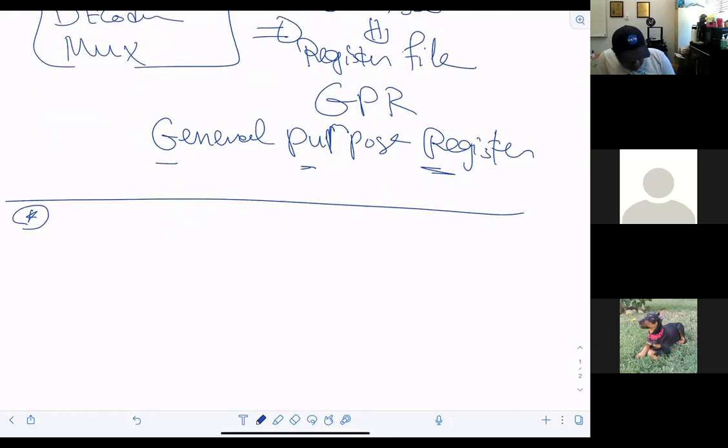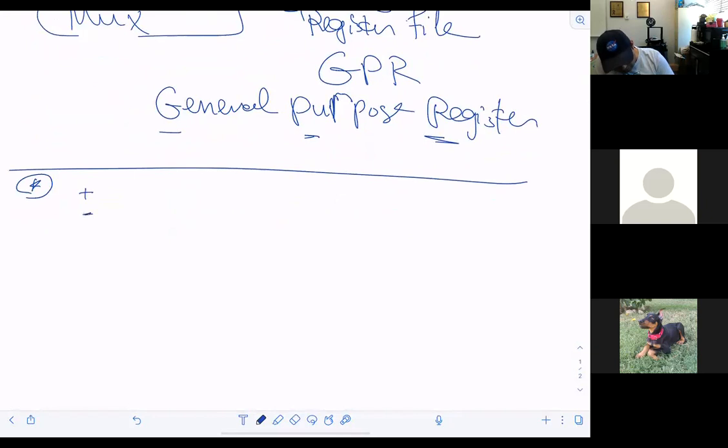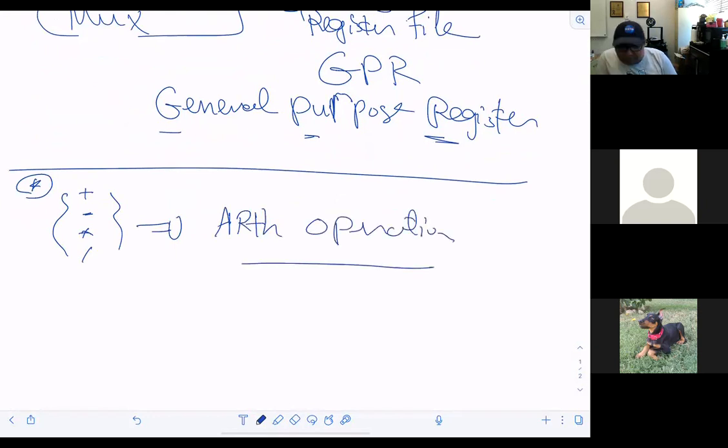Anyway, now, if you would like to think about what type of operations a computer has. The operations we learned: there is addition, subtraction, multiplication, and division. Those are the most important arithmetic operations. But we agreed that everything at the end of the day in the computer is what?